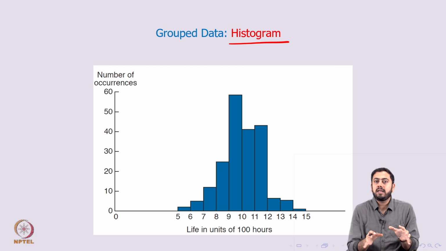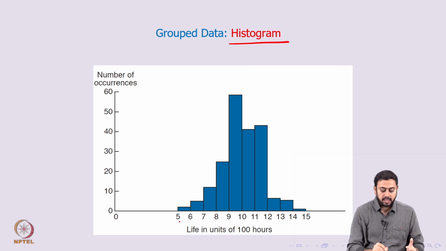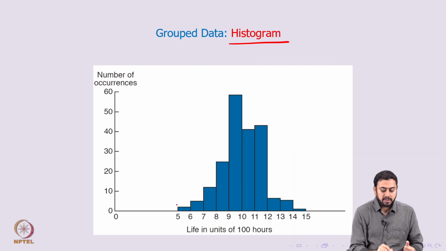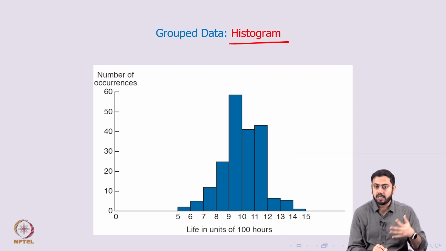The idea of creating the graph is similar to a bar graph, but the major difference is that all the bars span a class rather than individual lifetimes. For example, the first bar spans 500 to 600 hours, the second bar spans 600 to 700 hours, all the way up to the last, which spans 1400 to 1500 hours.